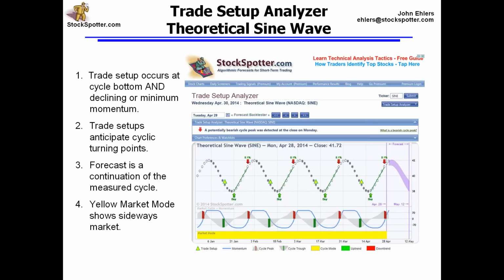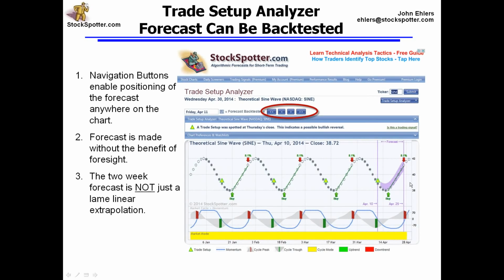So what I want to show you is what we can do with this prediction by using these navigation bars, and you can do this yourself after the seminar. You can go backwards and see how we predicted the prices 2 weeks into the future from the starting point of the left-hand purple line.